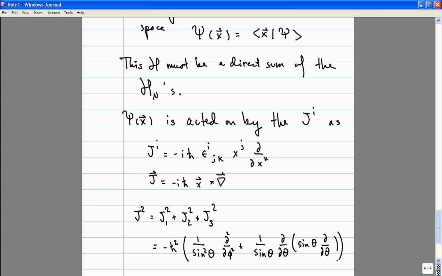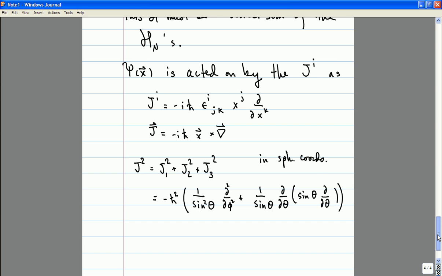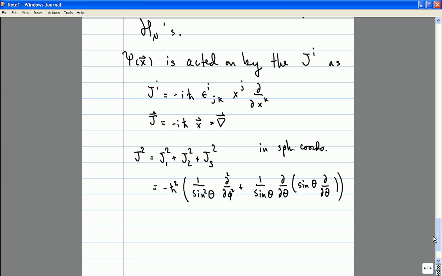Okay. So that's in the usual spherical coordinates. And what is the operator J3? Well, in spherical coordinates, that's minus i h bar d by d phi. Okay.